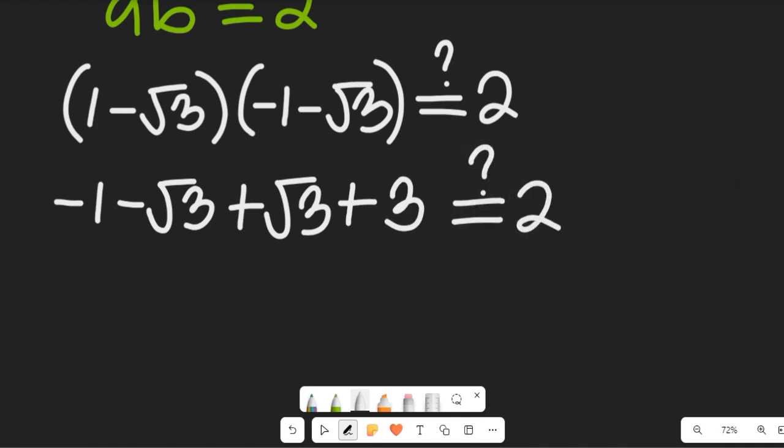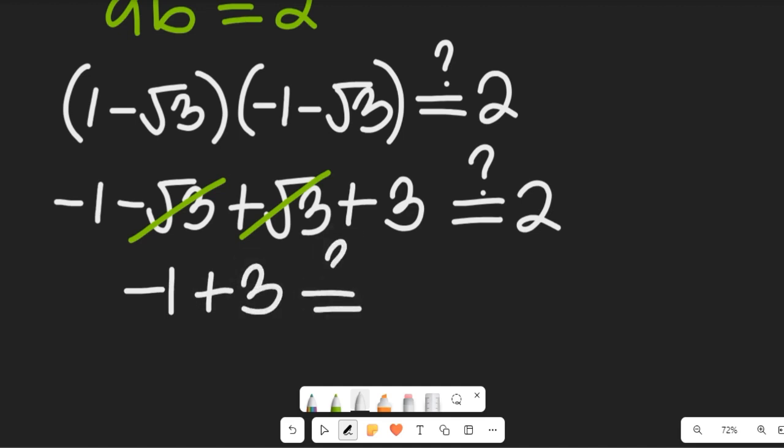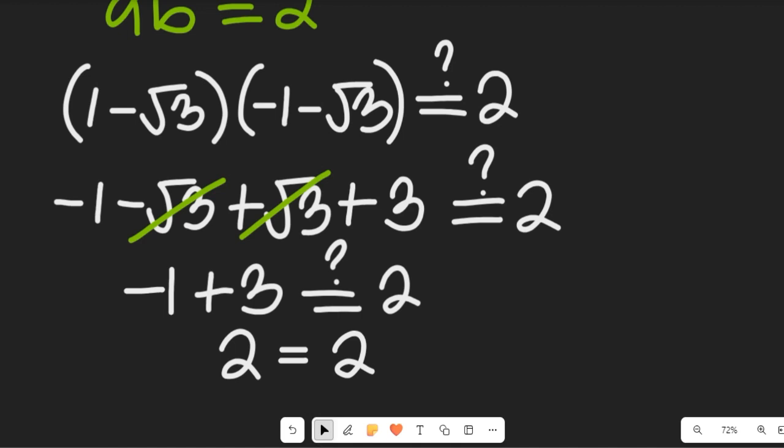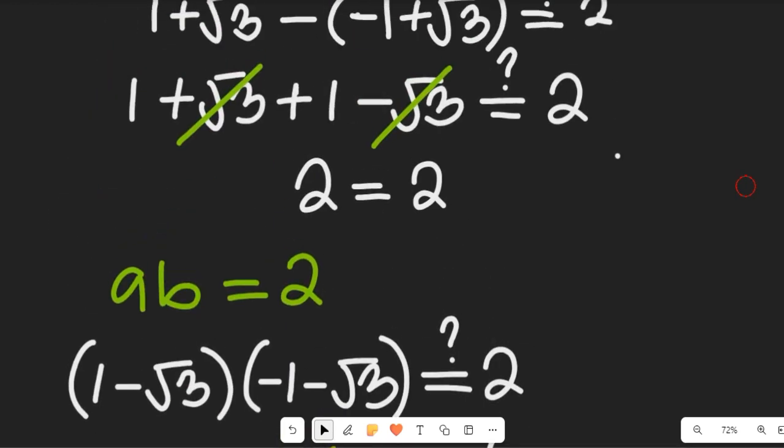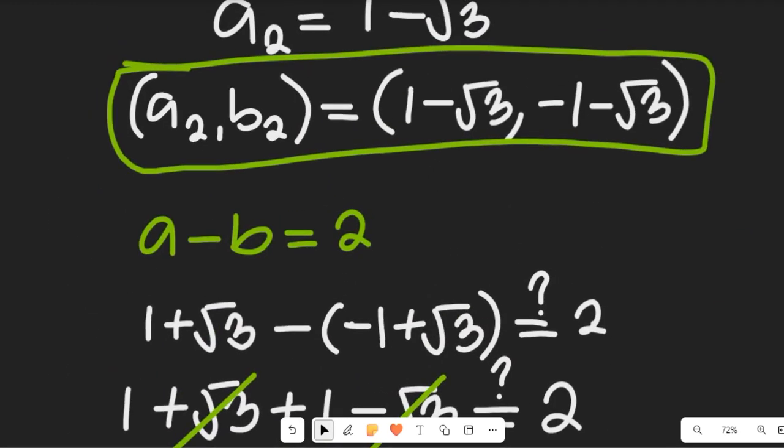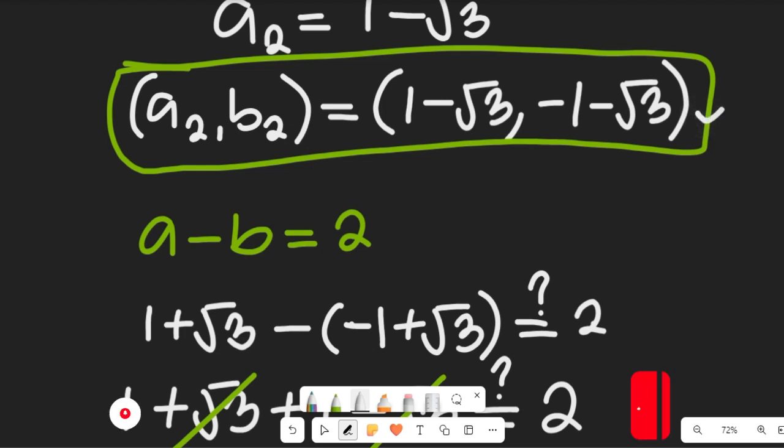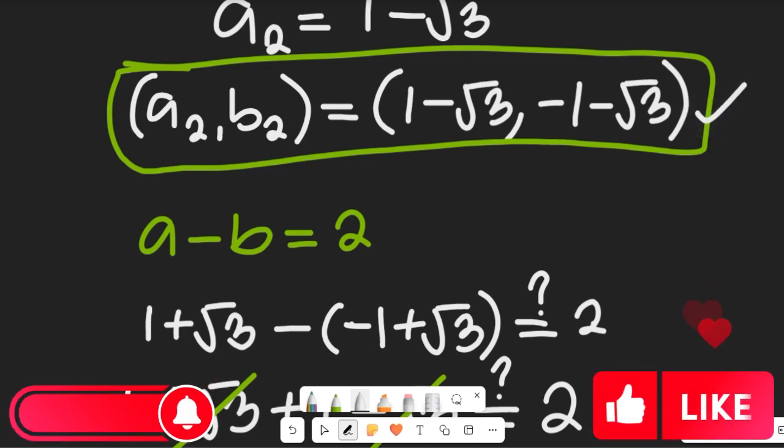Let's find out. From this expression, you see that negative root 3 will clear positive root 3, and we'll be left with negative 1 plus 3. And negative 1 plus 3, is it equal to 2? Of course, minus 1 plus 3 is 2, and 2 is equal to 2. So that tells us that this other solution, a2 and b2, is absolutely right.